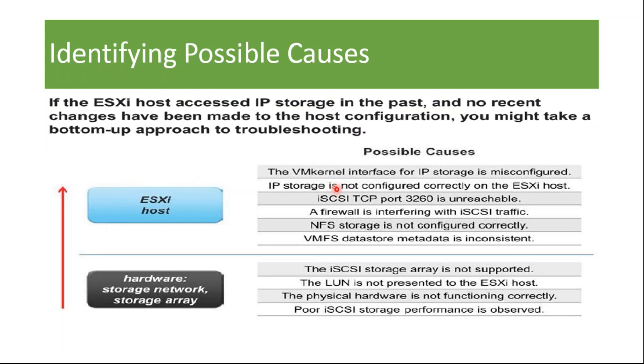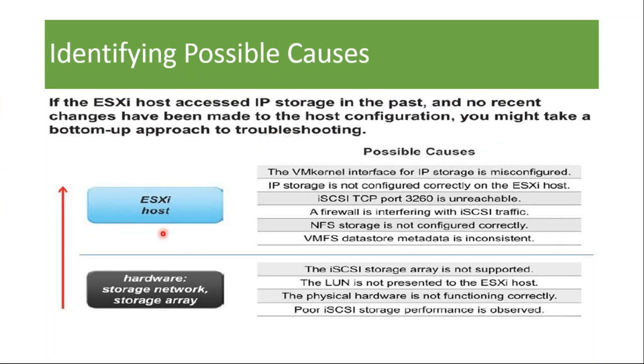So identify the possible causes. If the ESXi host accessed IP storage in the past and no recent changes have been made to the host configuration, you might take a bottom to up approach to troubleshooting.